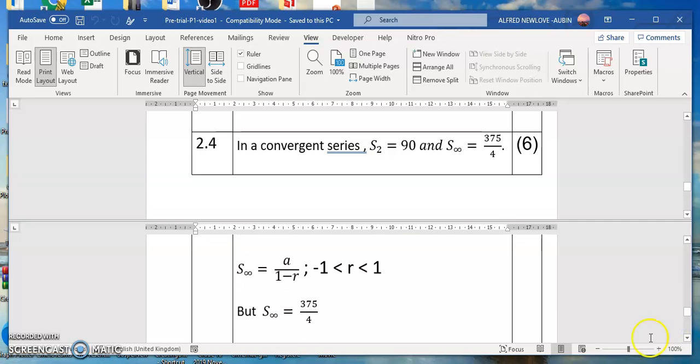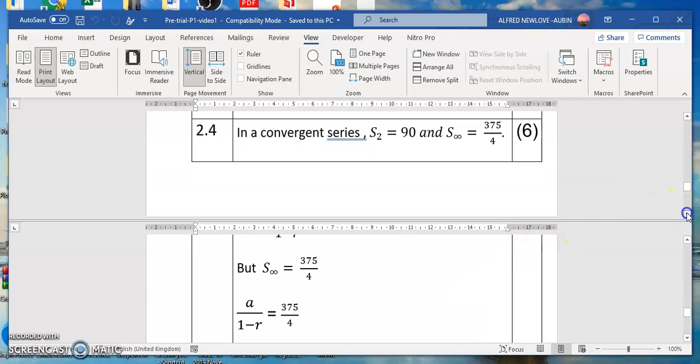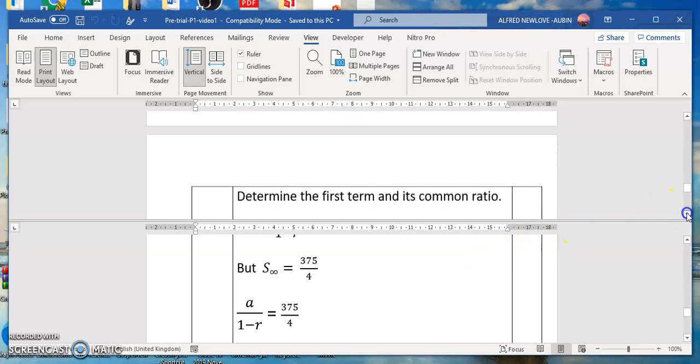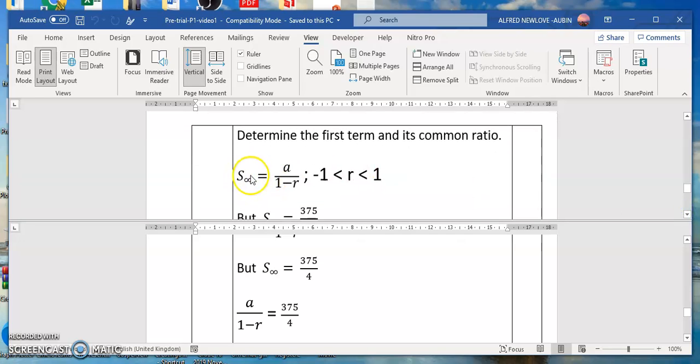Now, in our question, it was given that sum to infinity is equal to this. So we are going to equate the two pieces of information. Remember, sum to infinity is equal to this. Let me repeat.